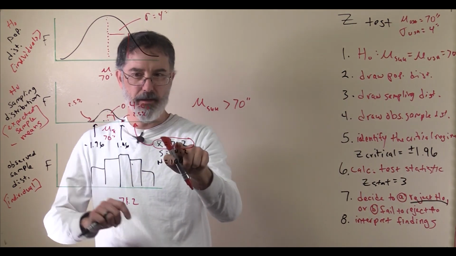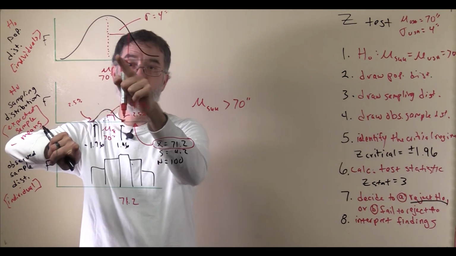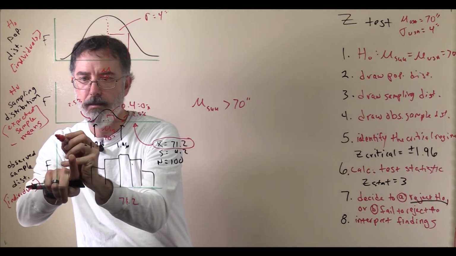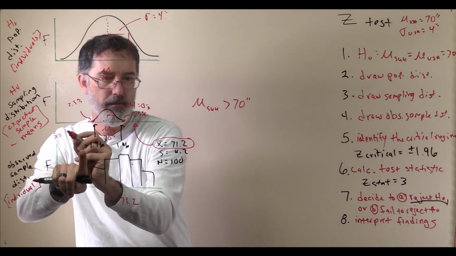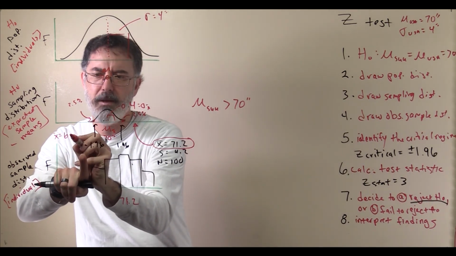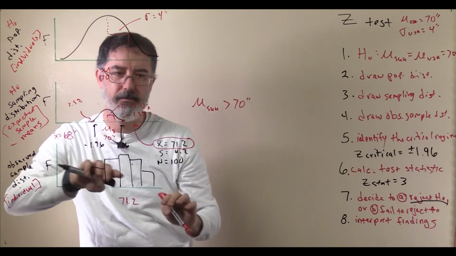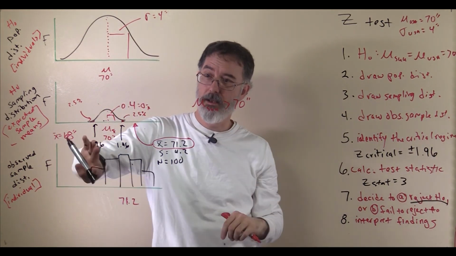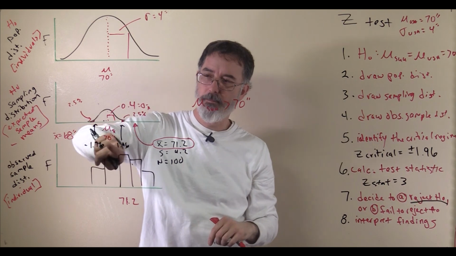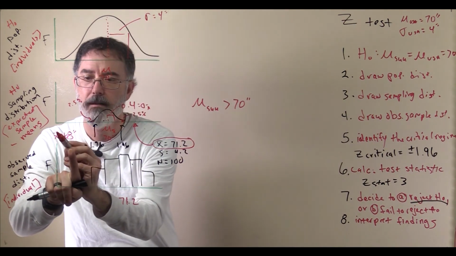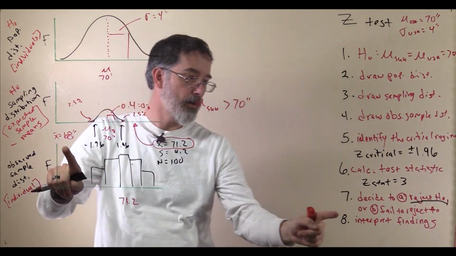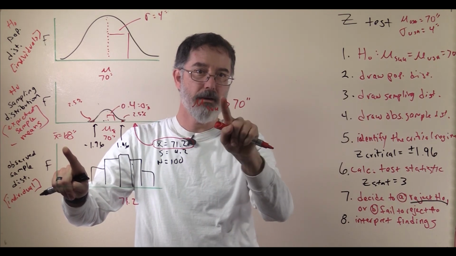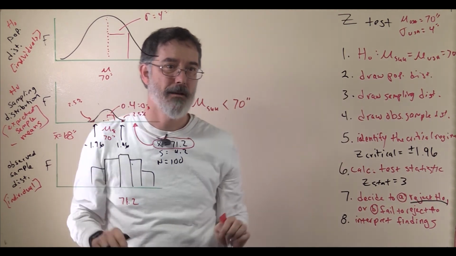If our sample would have been shorter than American men, if it would have been 69 or maybe 68 inches, if we would have rejected the null hypothesis on the other side, then our interpretation would be that SUU men are shorter than American men.